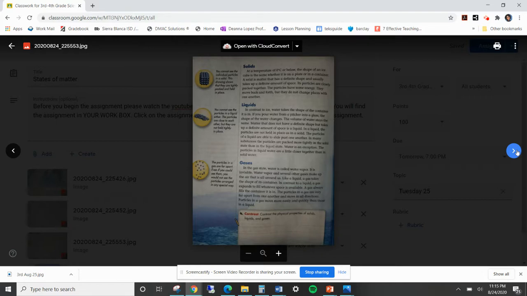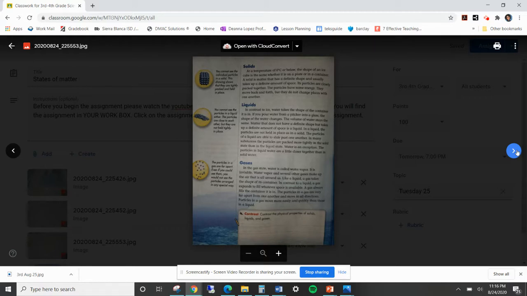Liquids, in contrast to ice, water takes the shape of the container it is in. If you pour water from a pitcher into a glass, the shape of the water changes. The volume of the water stays the same. Matter that does not have a definite shape but takes up a definite amount of space is liquid.